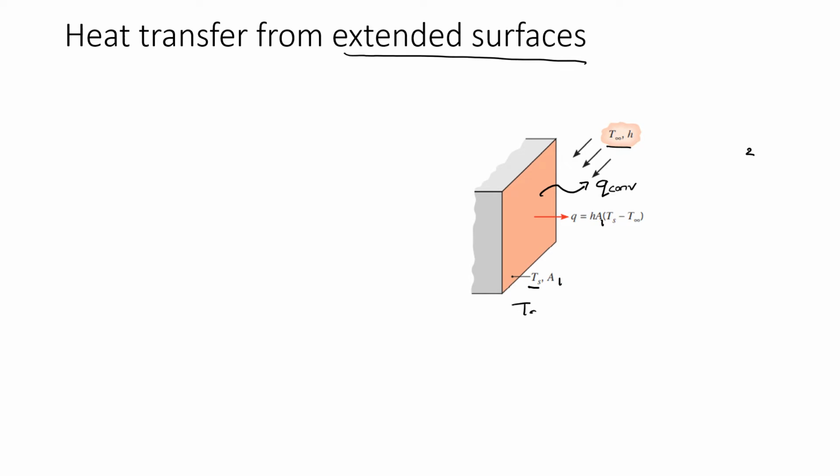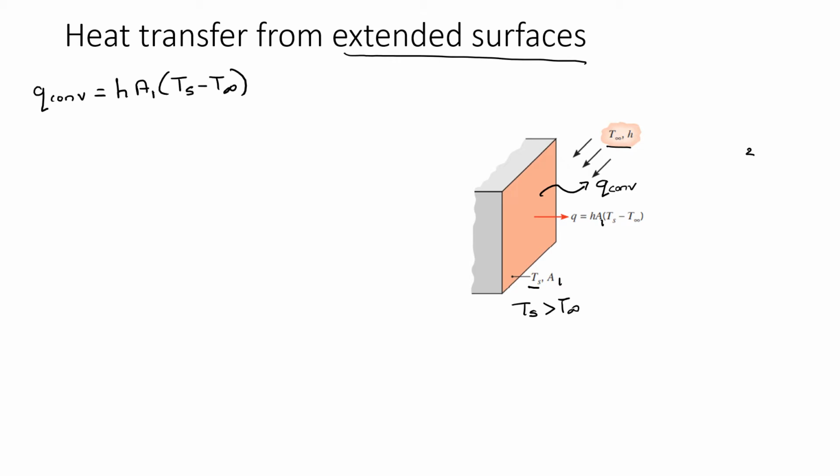Let's say Ts is greater than T infinity. So by Newton's law of cooling, your Q convection will be h times area A1 times the temperature difference Ts minus T infinity, right?